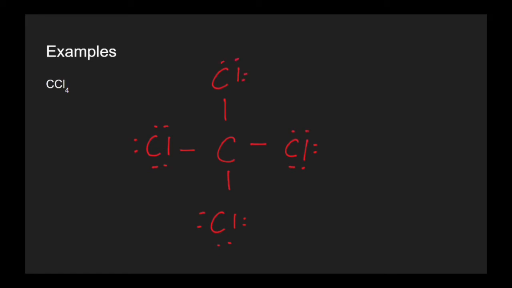All right, so taking a look at this, the electronegativity is going to be pulling towards the chlorines. But because they're all pulling outward and are even, this is going to be considered a non-polar molecule.